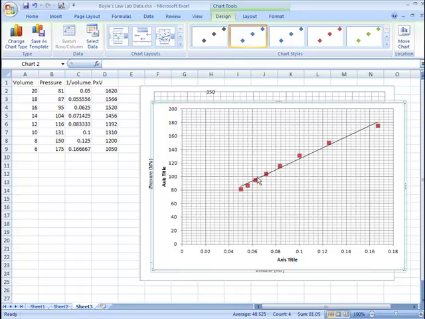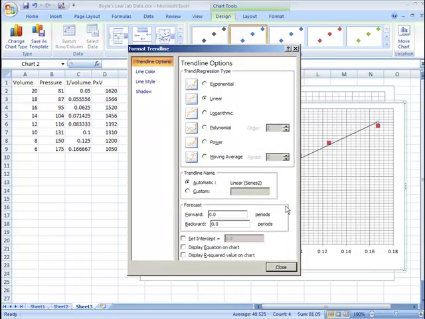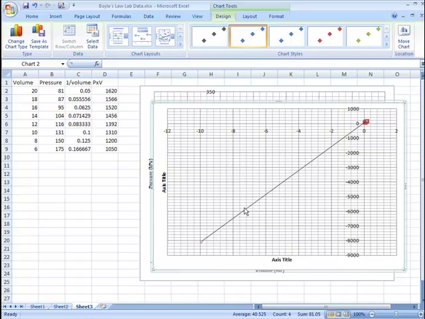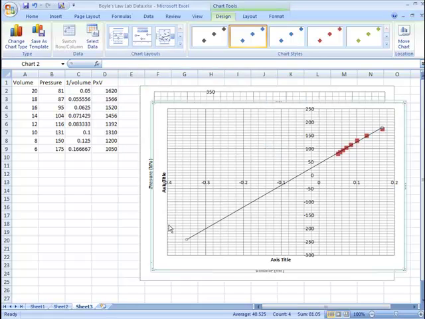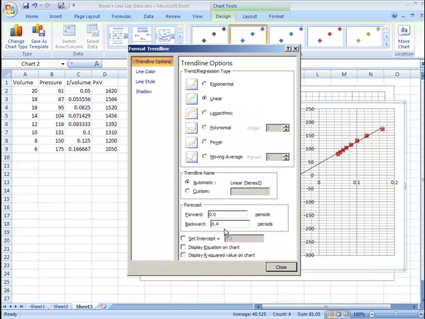So you can see we have a little bit of a curve to this. And if we extend this backwards, format the trend line backward 10 periods. Oh, that's too far. Too still? Our units are really small on this one, 0.1.